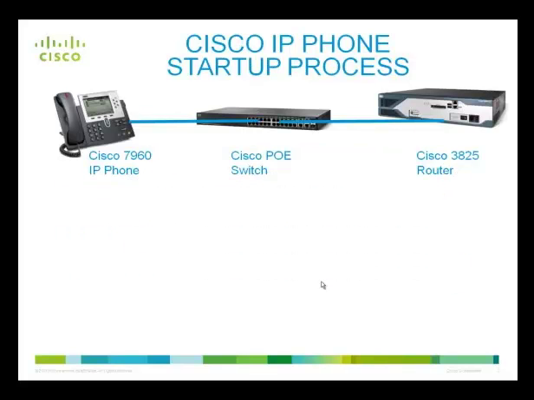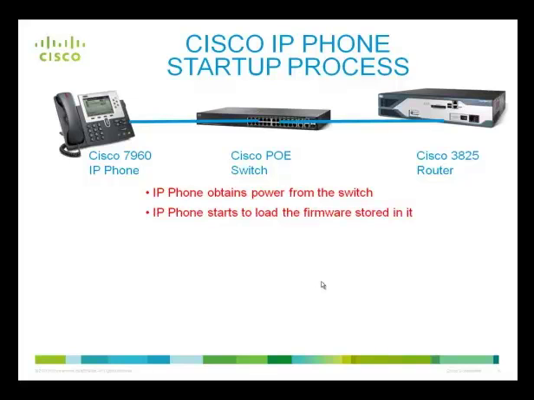Just to explain the IP phone startup process, the IP phone obtains power from the switch. It starts to boot and load the firmware stored in it. Once it's getting started, the VLAN information is given from the switch.